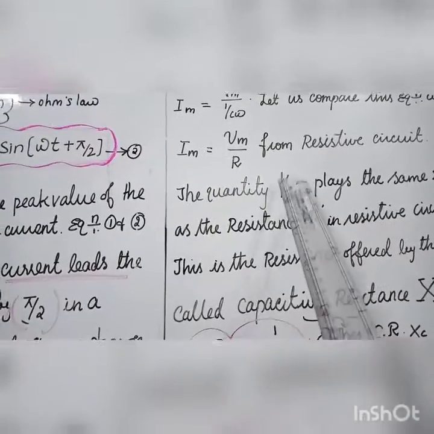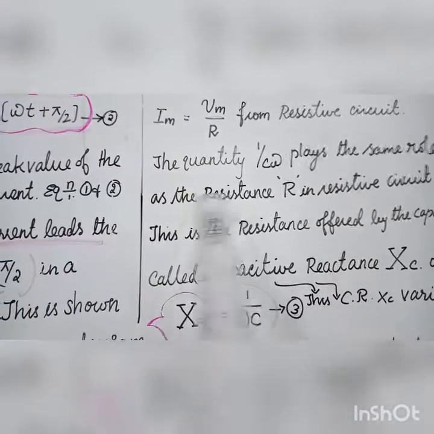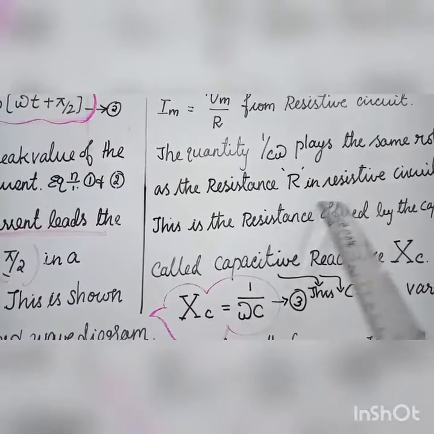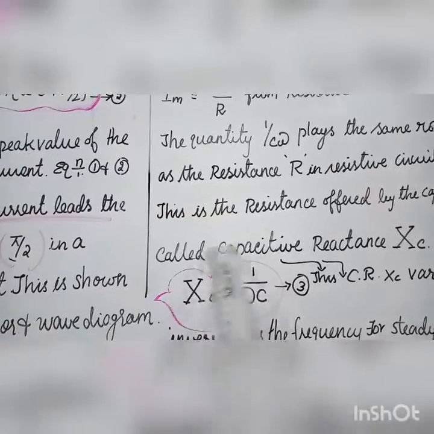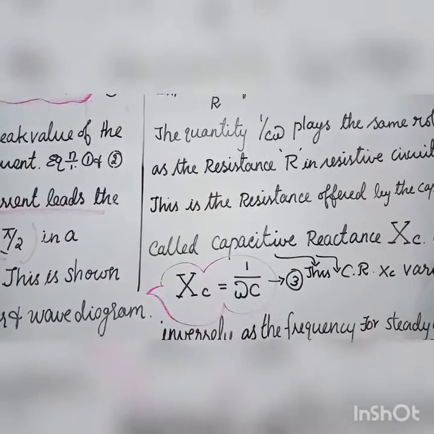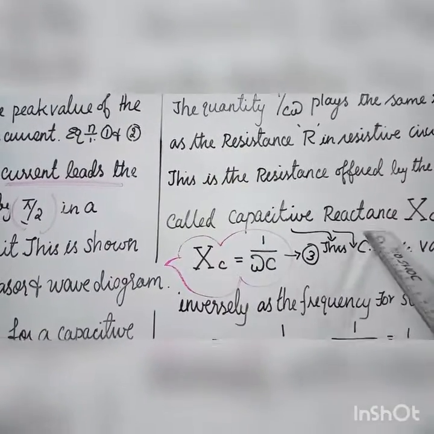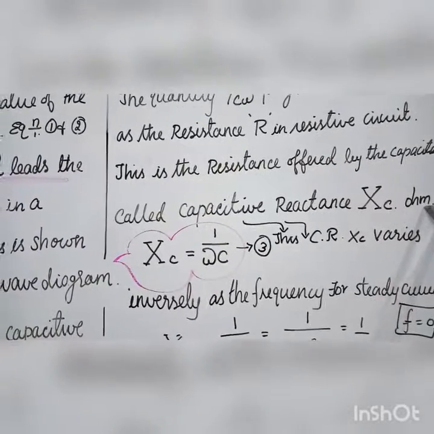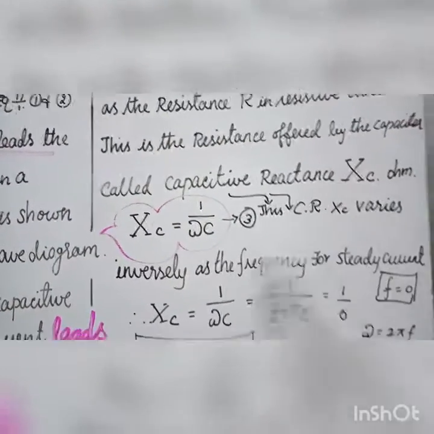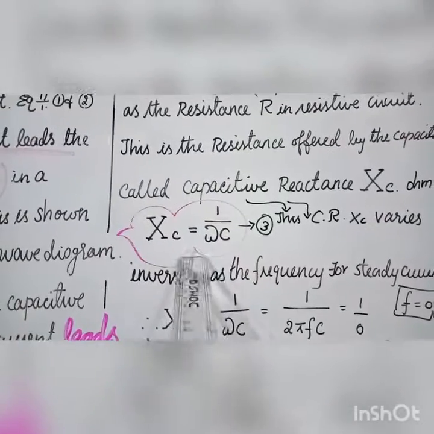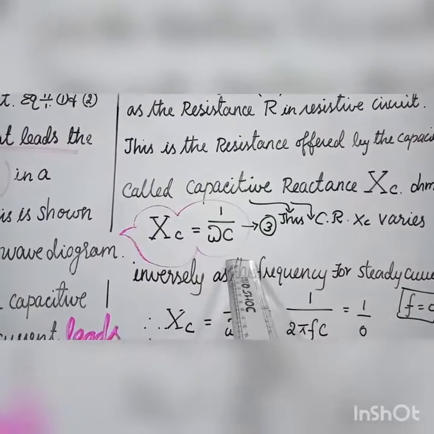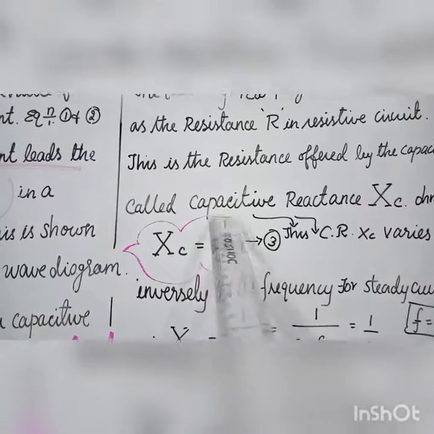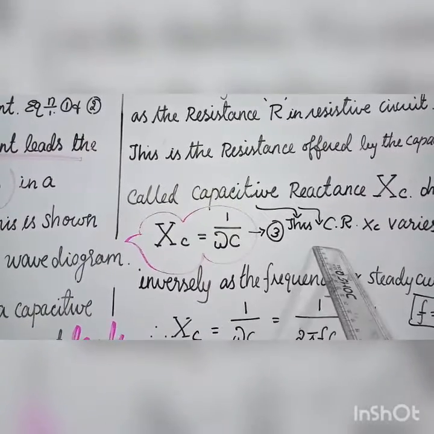The quantity 1 by omega C plays the same role as the resistance in the resistive circuit. This resistance offered by the capacitor is called capacitive reactance XC, measured in ohms. XC is equal to 1 by omega C, equation number 3. This is the capacitive reactance.